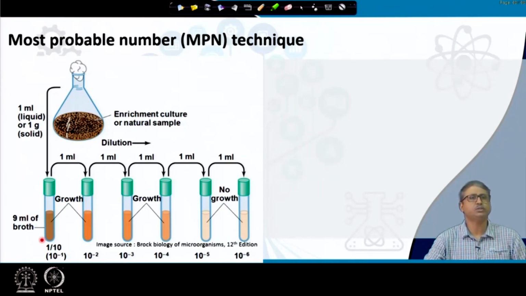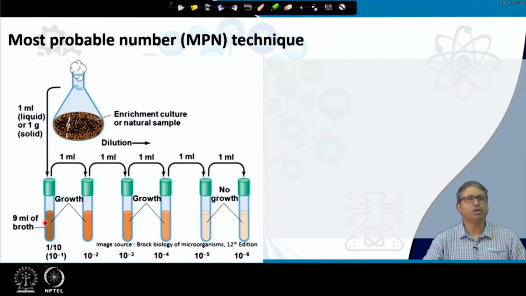We might use a medium used for common soil bacterial strains like R2A or a similar medium, or a nutrient agar or a minimal medium along with multiple carbon sources and electron donors added, and as electron acceptor oxygen is there for aerobic bacteria. For anaerobic bacteria, we can use different types of media where we change the electron acceptor or use a mixture of electron acceptors, because under anaerobic conditions oxygen is not going to be utilized.